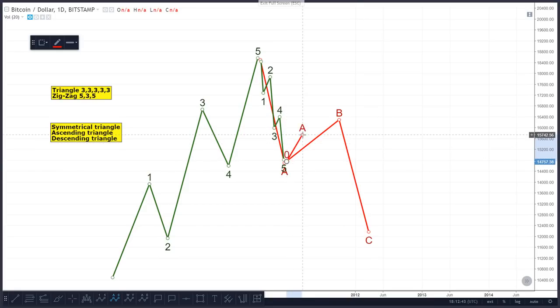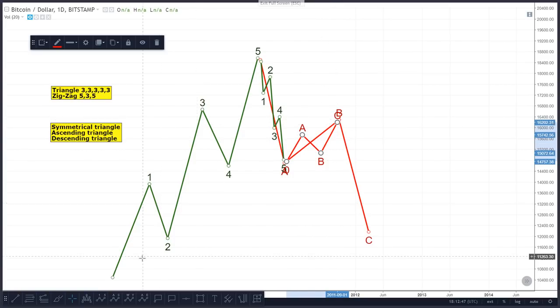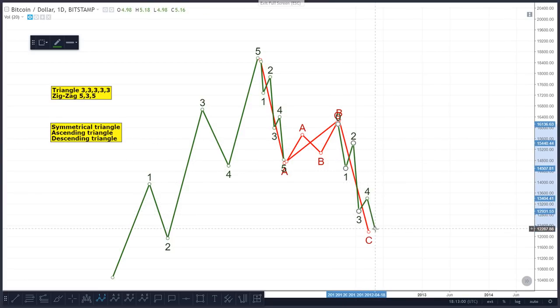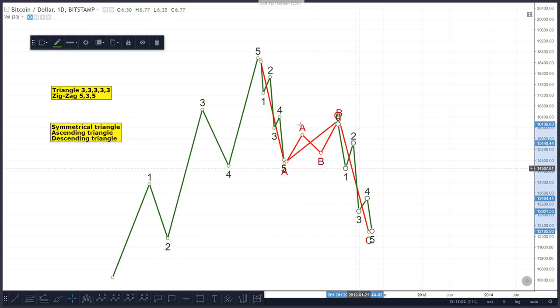So this is our A, B, C, making up the 3. And then the final leg is 5 waves down. So 1, 2, 3, 4, 5. Okay, so that's an idea of what it will look like, breaking down the subwaves.